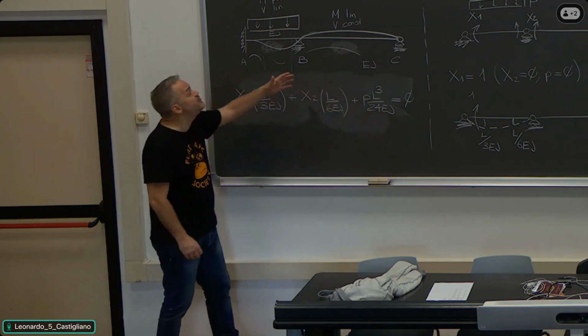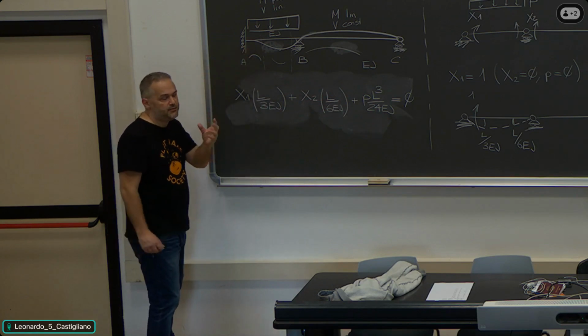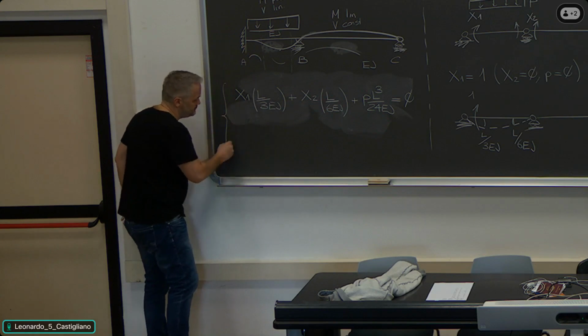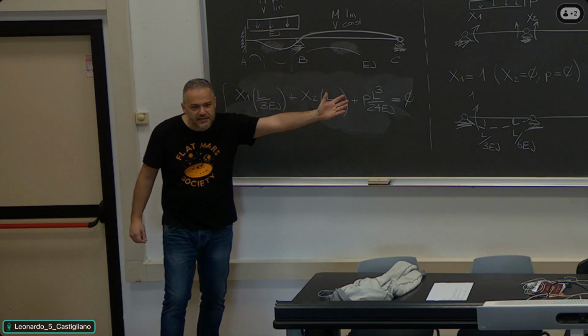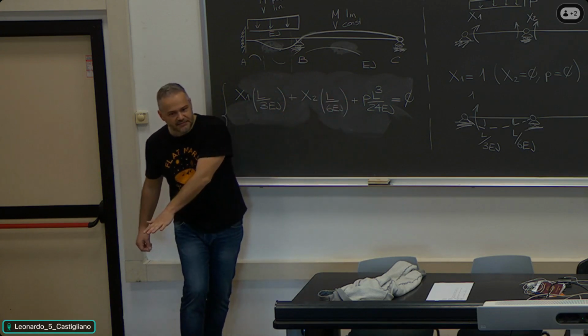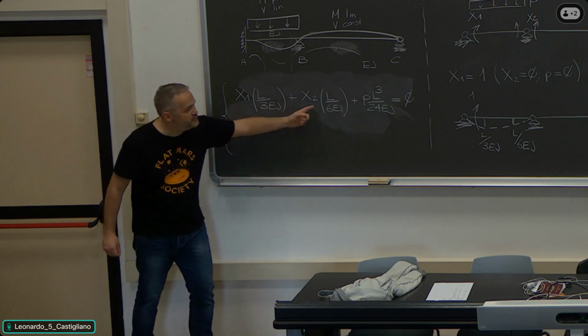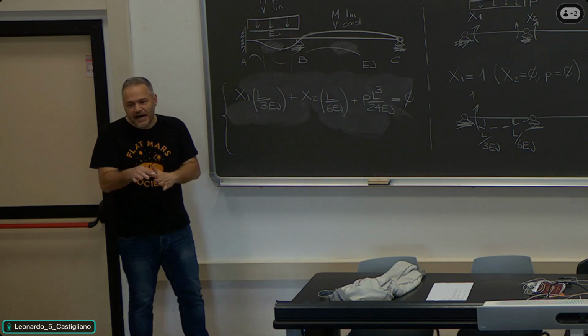Why? Because in reality, there is a built-in edge here. That's the meaning of the compatibility equation. I allow displacements and rotations to take place, and I set them equal to 0 at the end, because this allows me to work out the values of x1, x2, i.e. of the unknown forces.